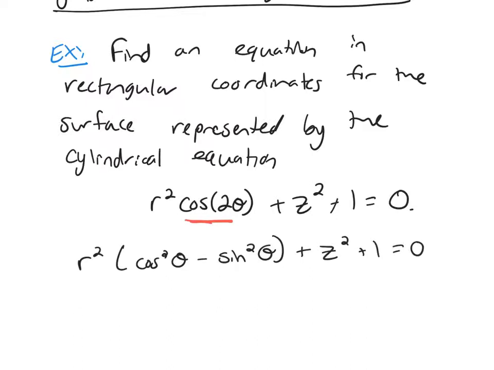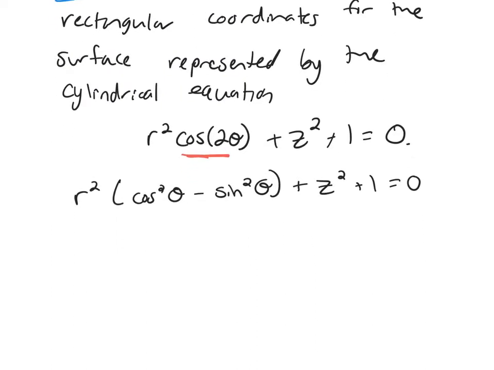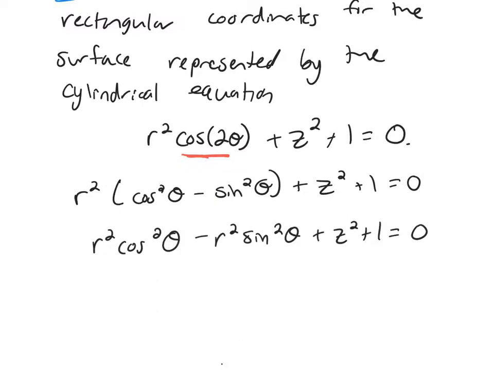And then I'm going to go ahead and distribute this r squared here. So this will be r squared cosine squared theta minus r squared sine squared theta plus z squared plus 1 equals 0.